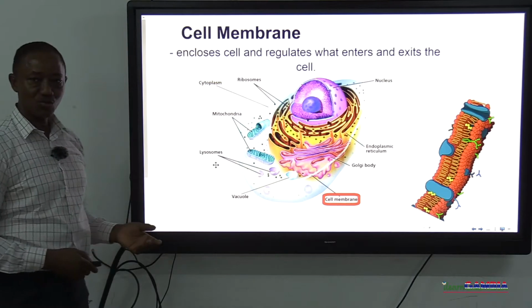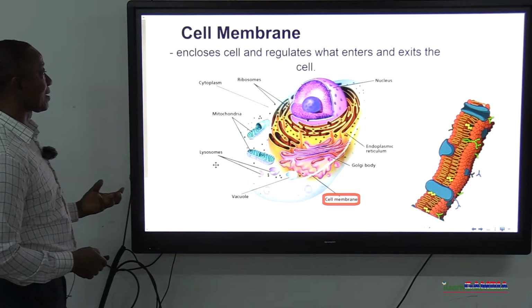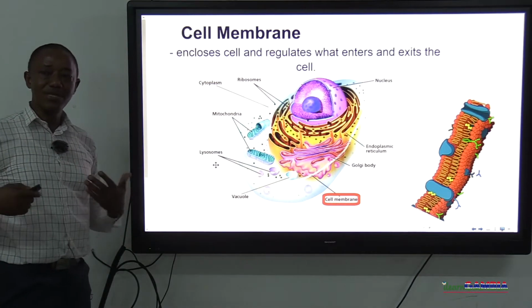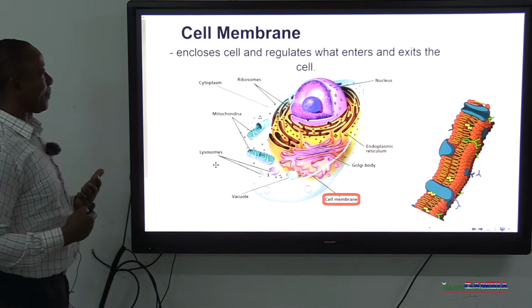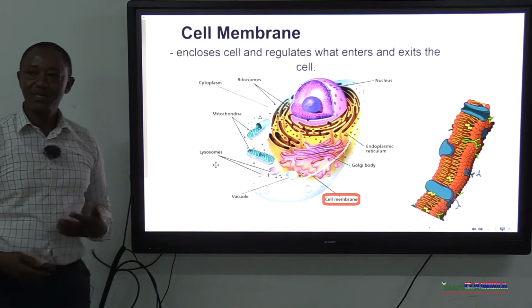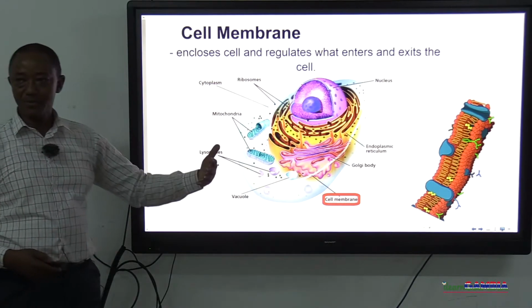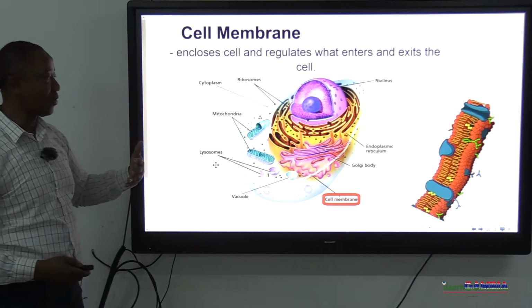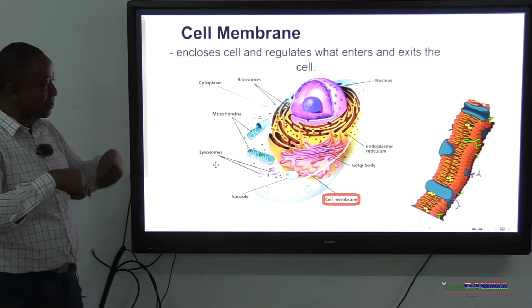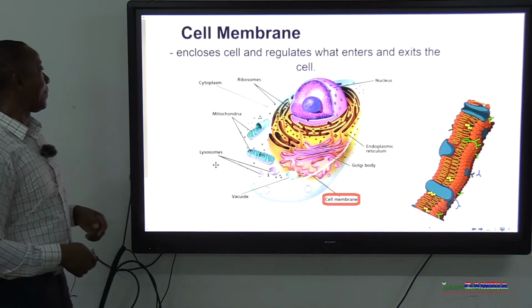Of course that is controlled so that they allow only good things to come inside the cell, and they stop bad things from coming inside. They can also control what is going out, because you don't want something that the cell wants to keep to go out.